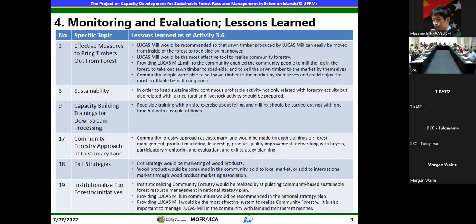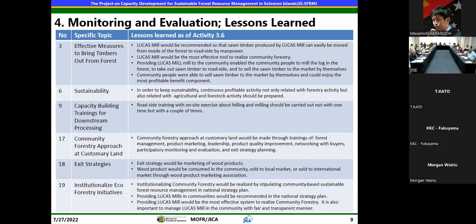Lesson learned, commodity forestry approach at customary land will be made through trainings of forest management, product marketing, leadership, product quality improvement, networking with buyers, participatory monitoring and evaluation, and exit strategy. This is very important.